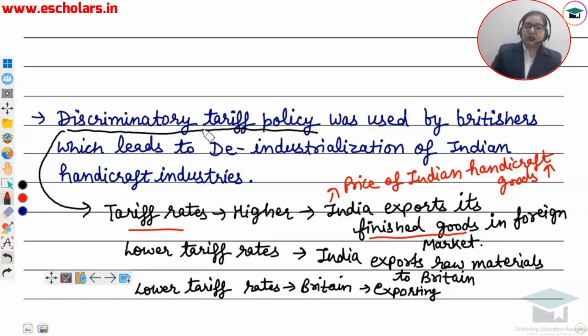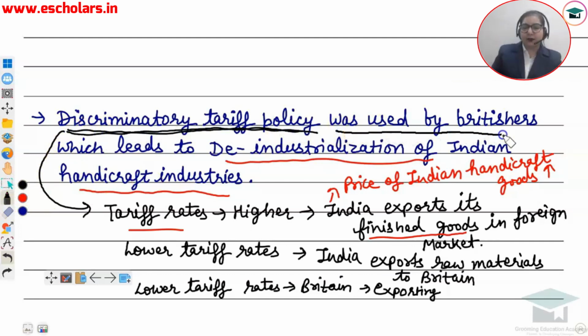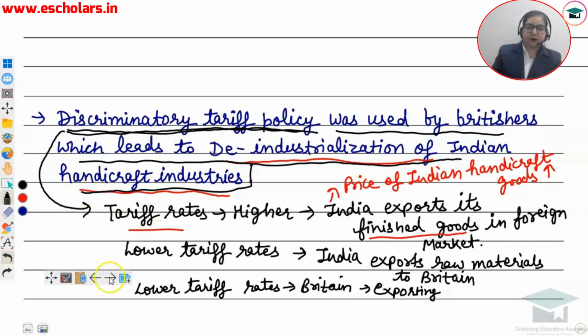So they shut down their industries, which is called de-industrialization of Indian handicraft industries. De-industrialization of Indian handicraft industries means shutting down of Indian handicraft industries. So let's recall it till now. Discriminatory tariff policy was used by Britishers, which led to de-industrialization of Indian handicraft industries.